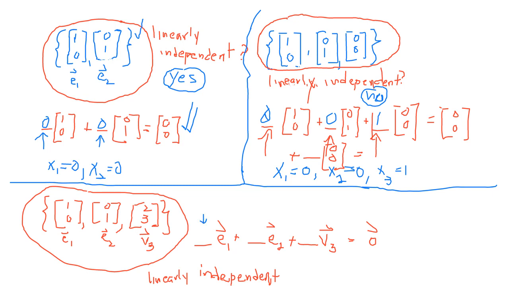Well, then can somebody write in some values there for x1, x2, x3? People are saying the answer is no to this.